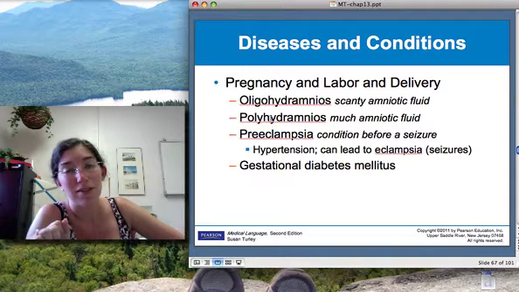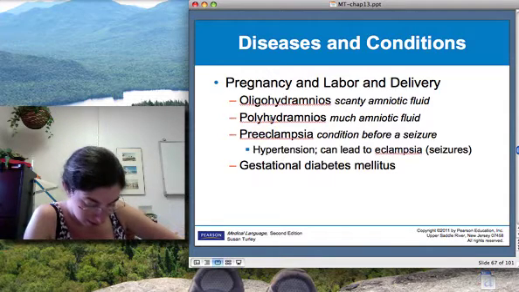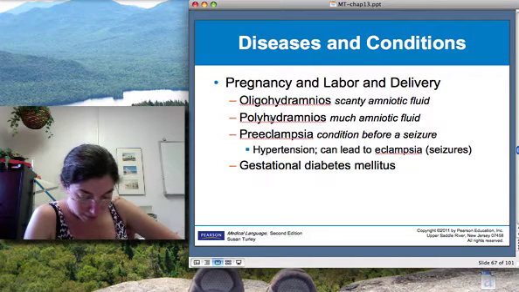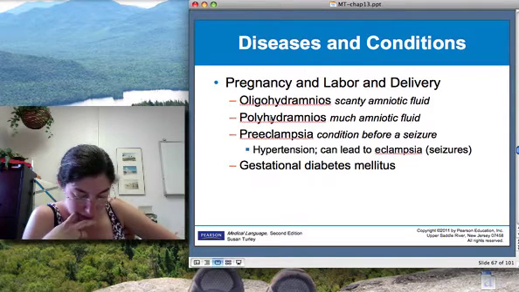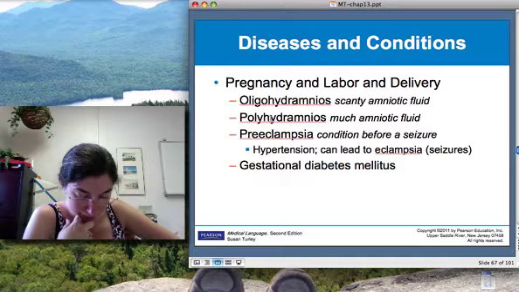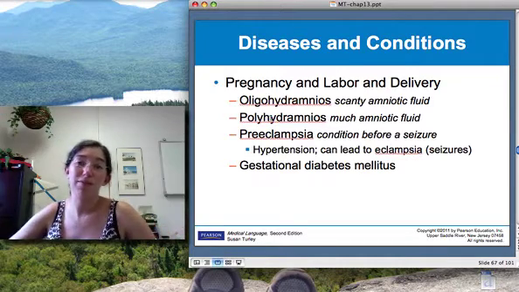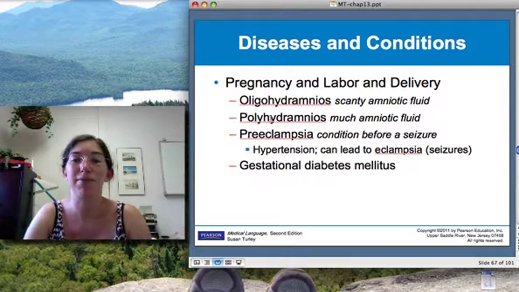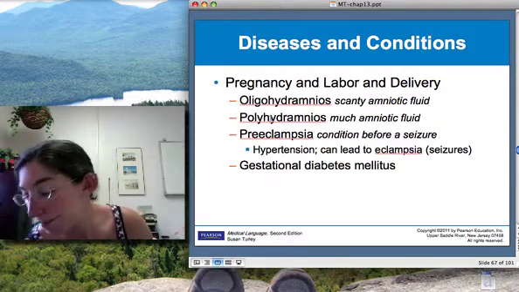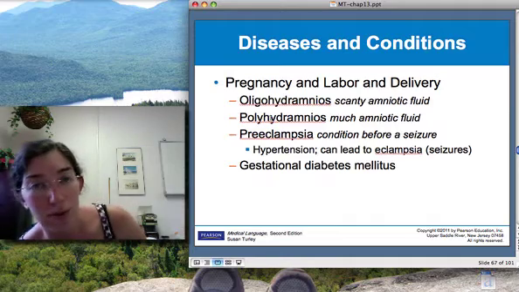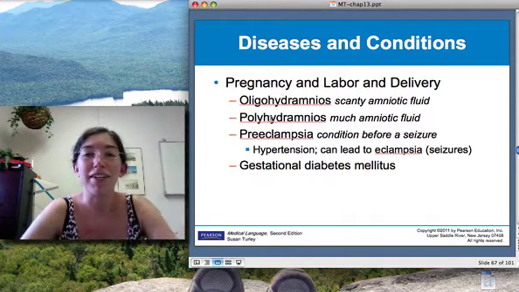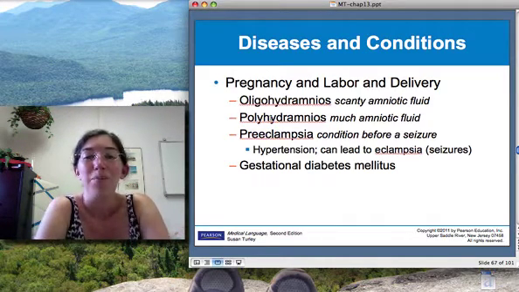Polyhydramnios is simply a situation where the woman is producing a lot of amniotic fluid, and it can, I guess, signal abnormalities in the fetus as well, maybe because the fetus is not ingesting enough of it. So those are conditions that affect amniotic fluid levels.